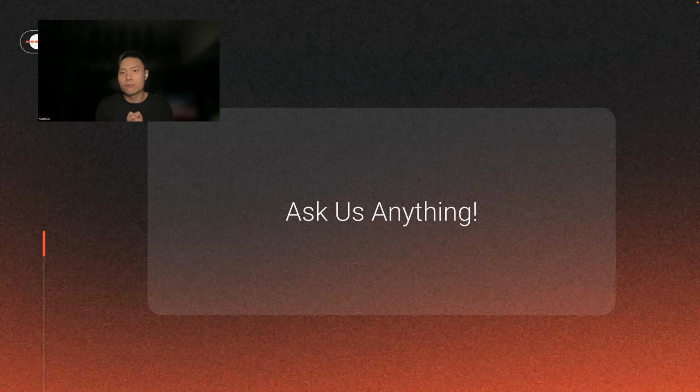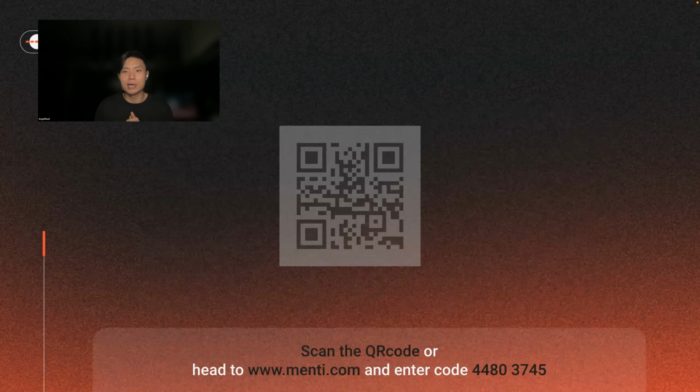So now's the time for me to answer any questions that you have. Similarly, like I mentioned earlier on, you can either grab your mobile phone right now to scan the QR code, which will bring you directly to a space where you can drop your questions.